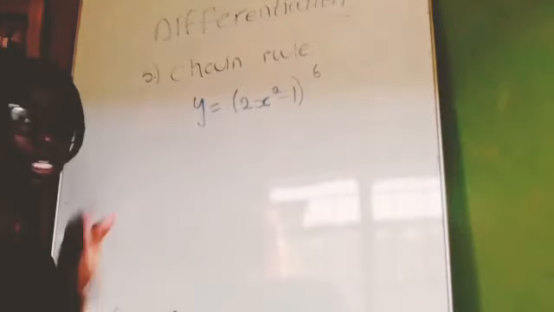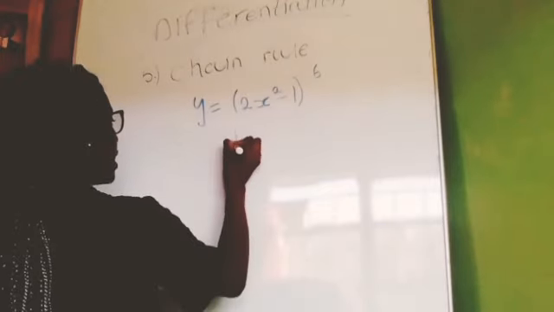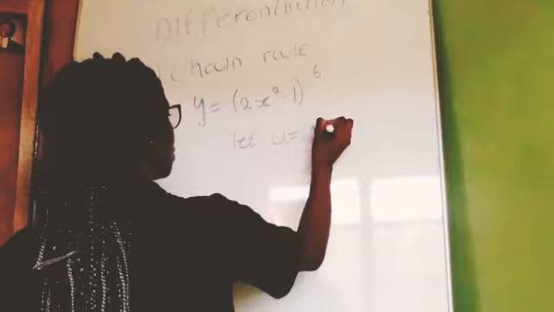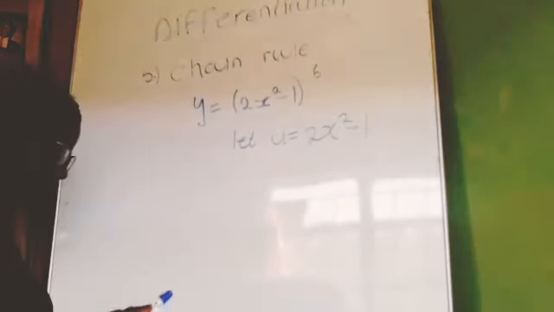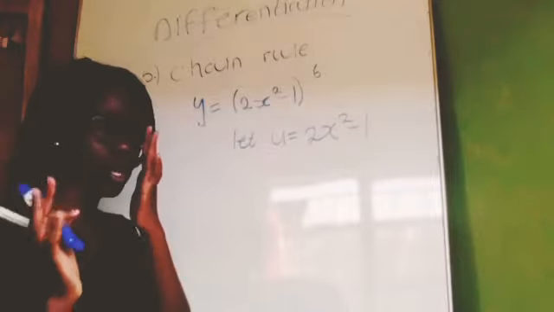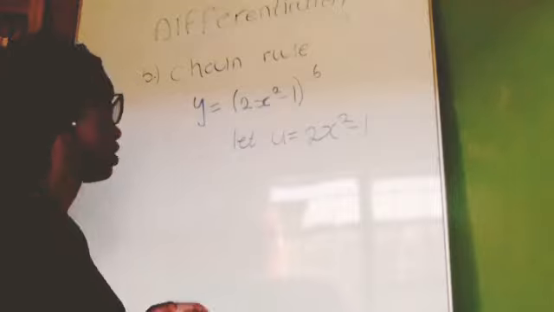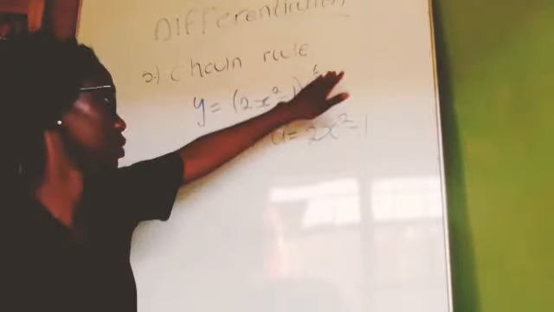So with the chain rule, we're going to say let u be equal to 2x squared minus 1. So I hope you're following. I'm going to try to say this as slowly as I can. I've just let u be equal to this function, just the function without the power.